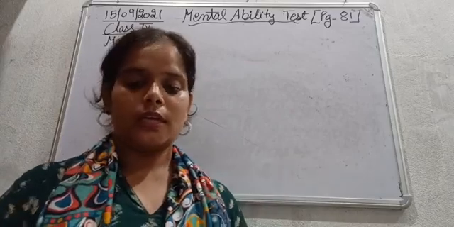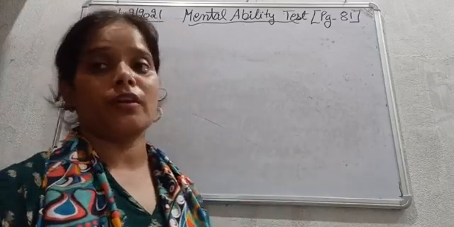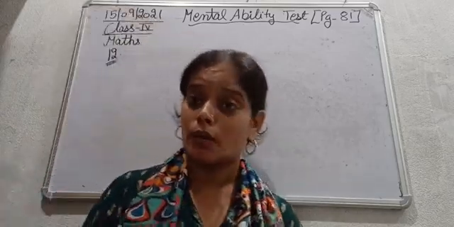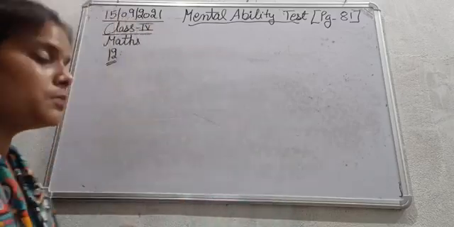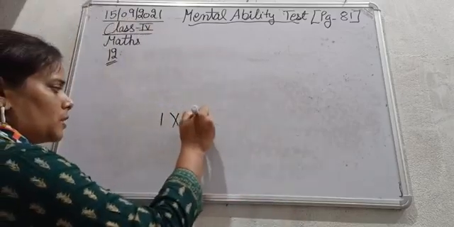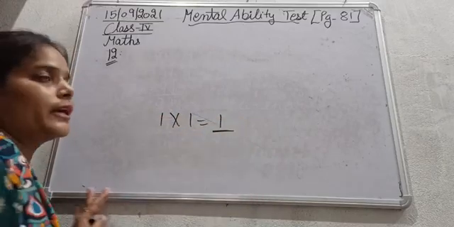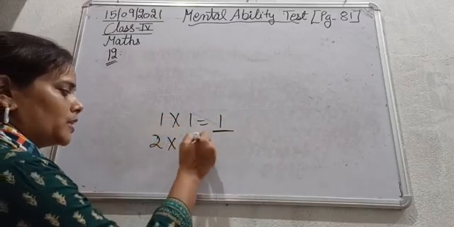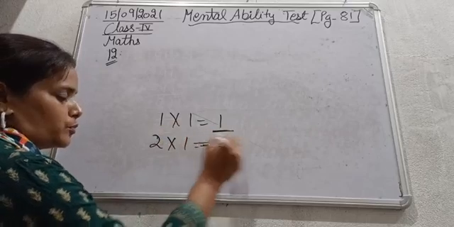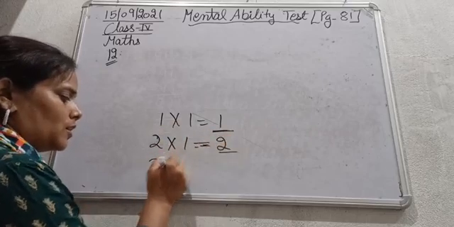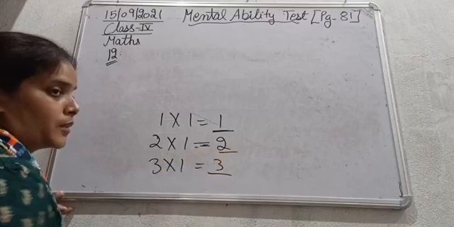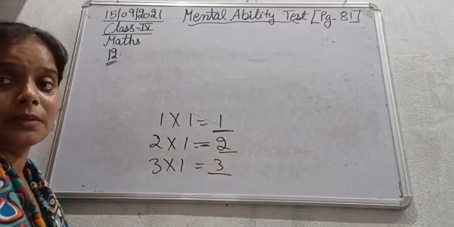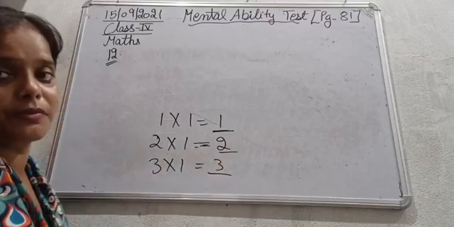No. If we multiply any number by 1, you will not get 1. If you multiply 2 with 1, you will get 2. 3 with 1, you will get 3. 1 is not the multiple of every number. Every number is the multiple of 1.